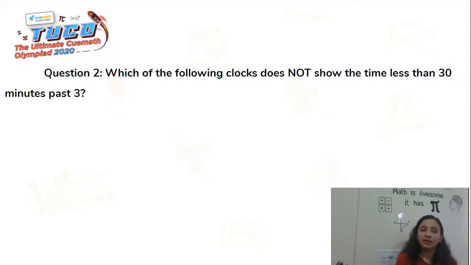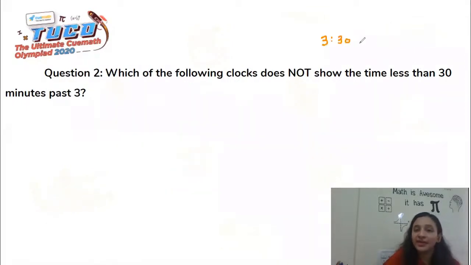We do 3 a.m. and 3 p.m. The number comes the same. And then when we say 30 minutes past 3, the time that you're looking for is 3:30. It could be a.m. or it could be p.m., which is not specified here in the question.